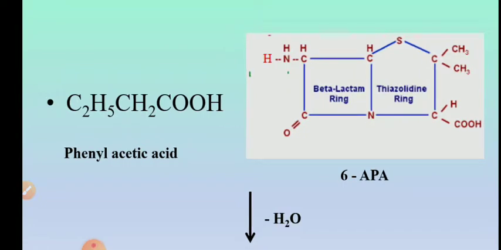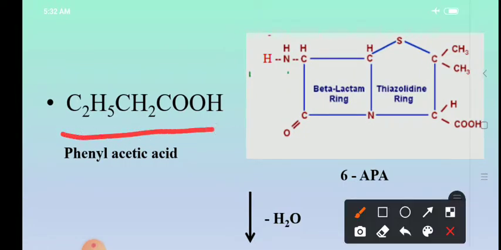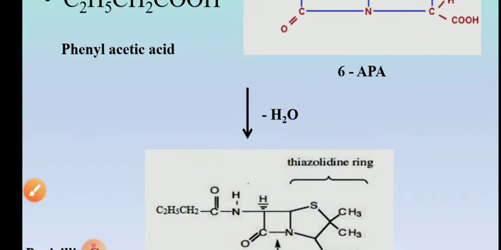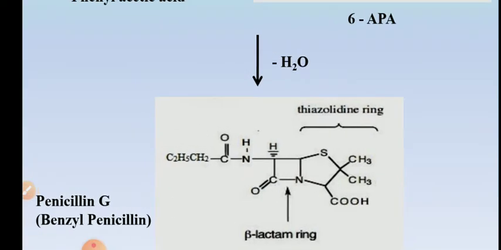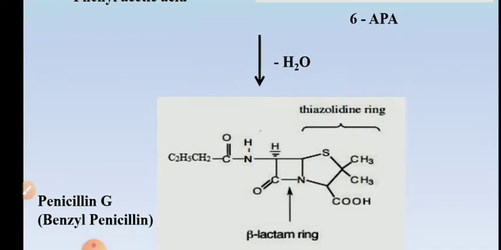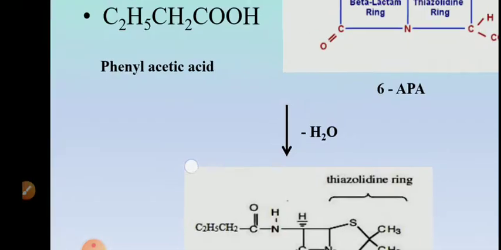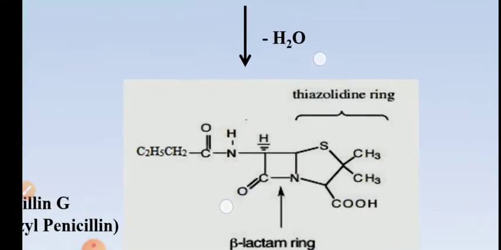Phenylacetic acid combines with 6-amino penicillanic acid, the basic moiety, with the removal of a water molecule, and you get penicillin G, also called benzyl penicillin, because the C6H5 benzyl group is present.